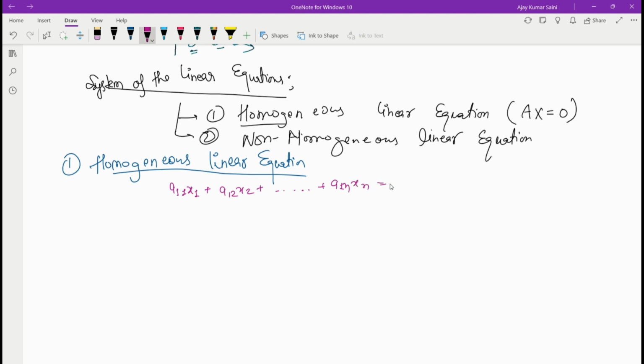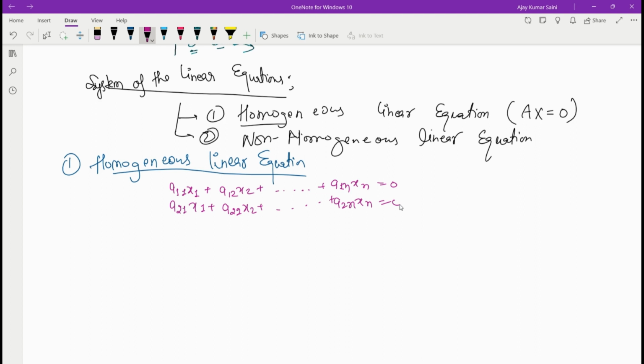The same thing is here: a21 x1 plus a22 x2 plus till a2n xn is equal to 0.